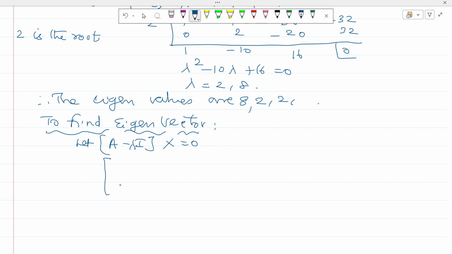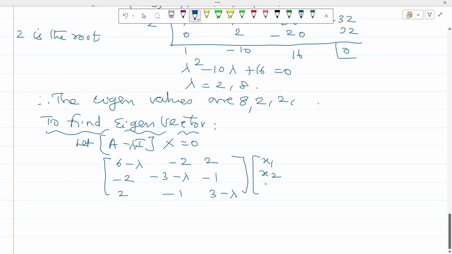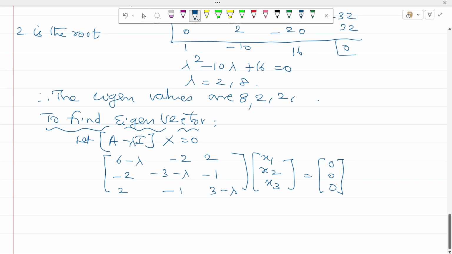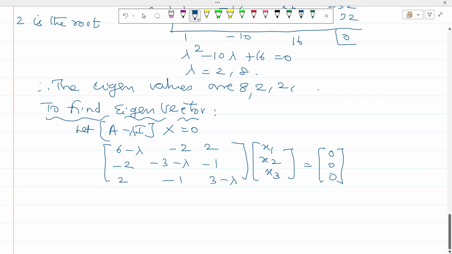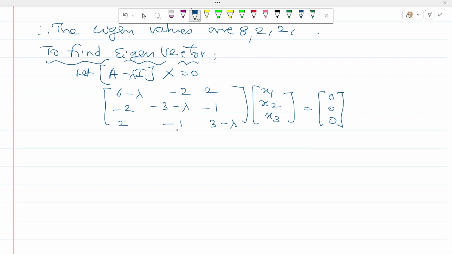This matrix is, okay, now write 6 minus lambda, minus 2, plus 2, minus 2, plus 3 minus lambda in the diagonal, minus 1, 2, minus 1, 3 minus lambda, into x1, x2, x3 equal to 0.